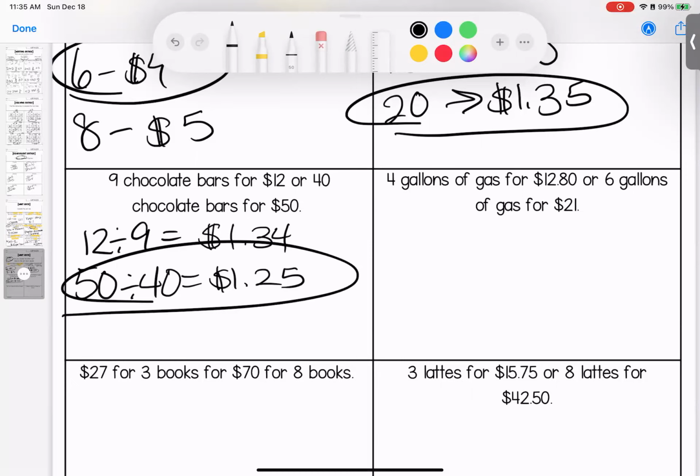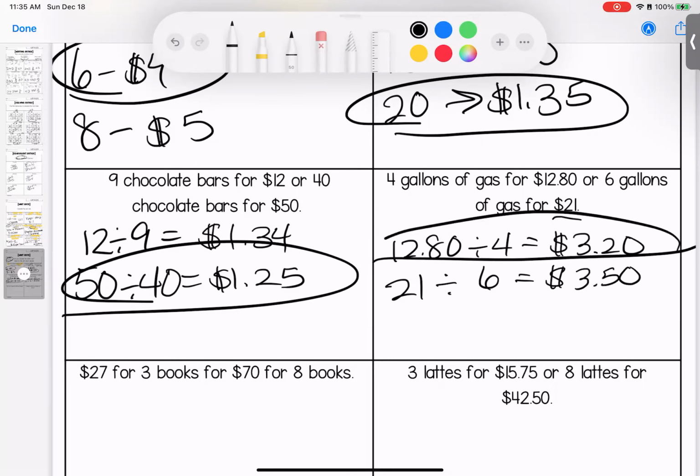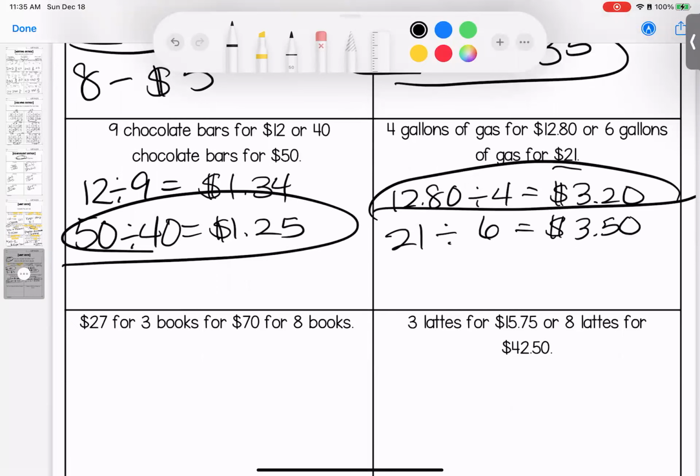Over here, we get 4 gallons of gas for $12.80. Setting that one up. $21 of gas for 6 gallons. So we need to figure out our price per gallon. This is $3.20 per gallon. And this is $3.50 per gallon. The 4-gallon rate is the better buy.